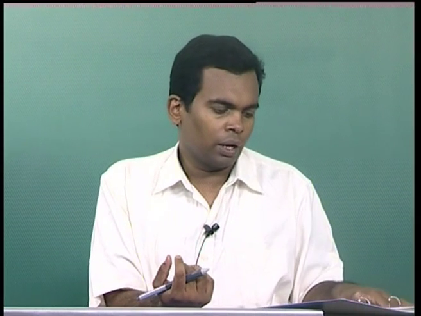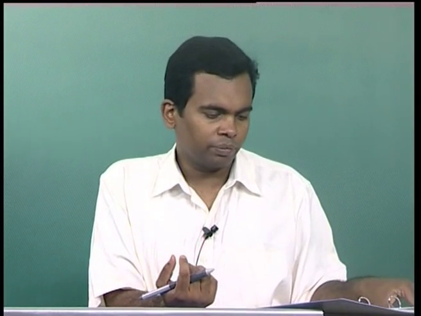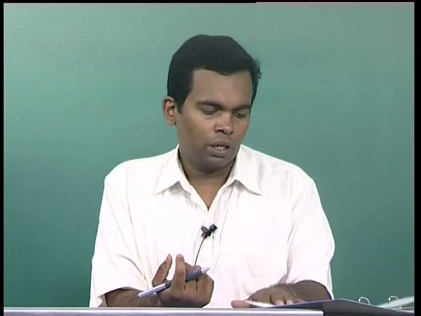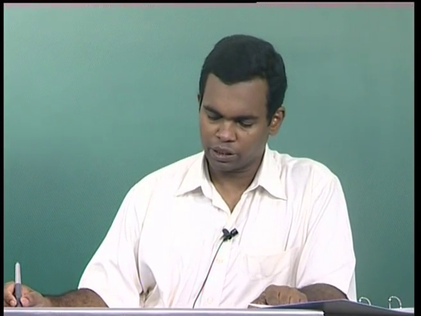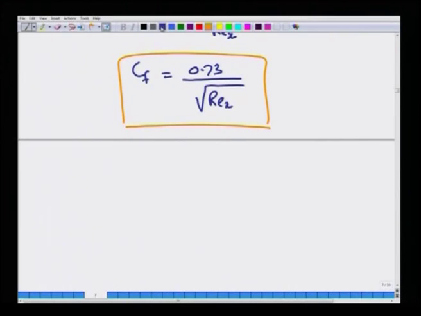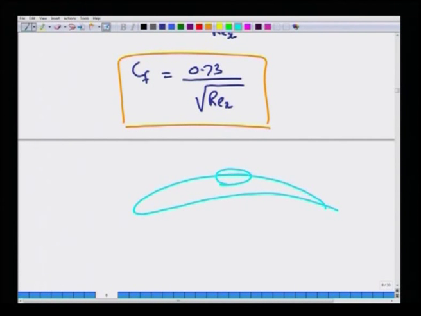Now the same thing can be carried over to more complex objects. Here we took the simplest possible case, namely force on a flat plate. The same thing is valid even for an airfoil, because locally the boundary layer is actually flat. So you can integrate over the contour of the surface to get the drag forces.